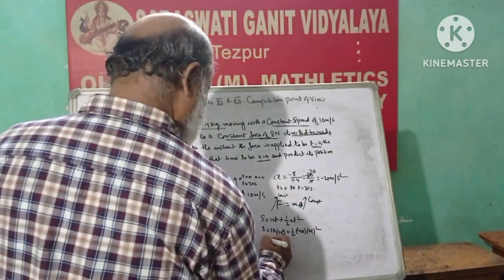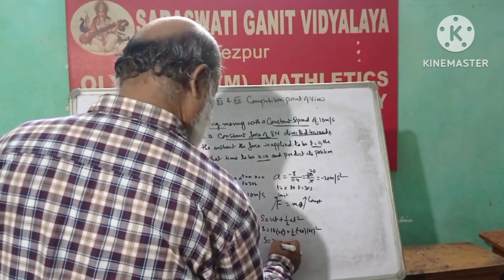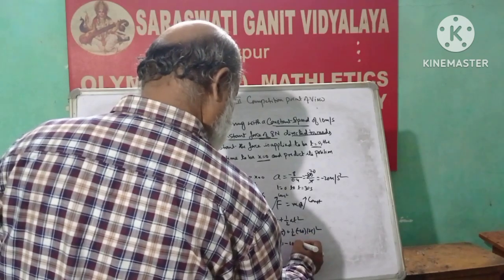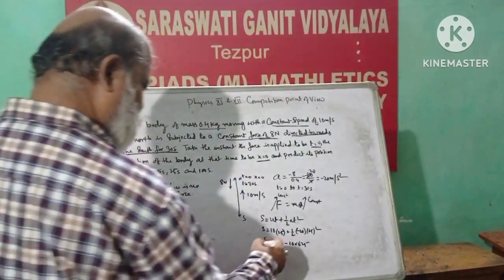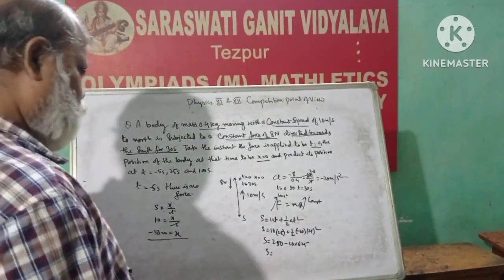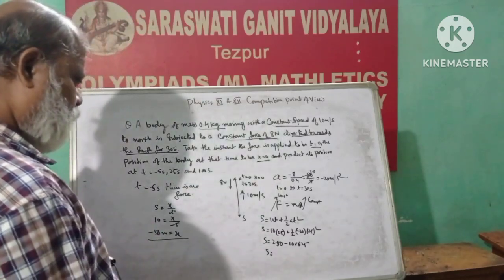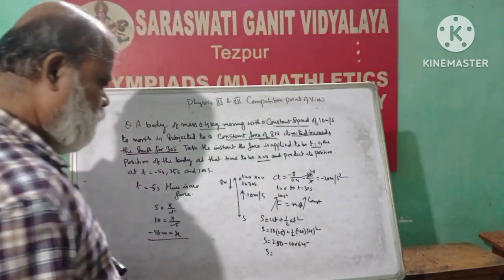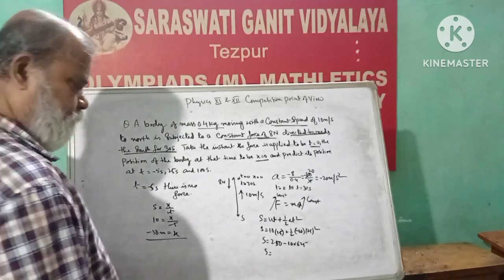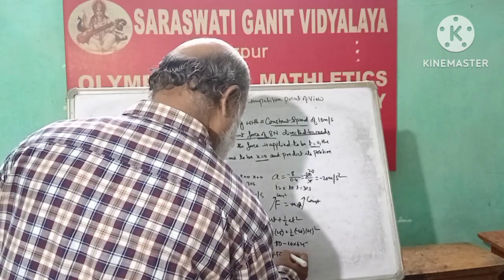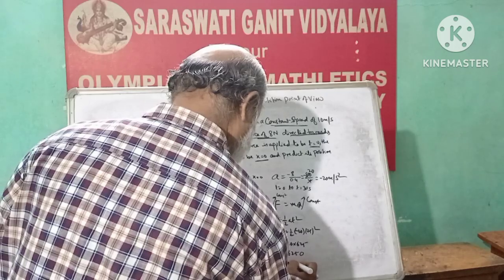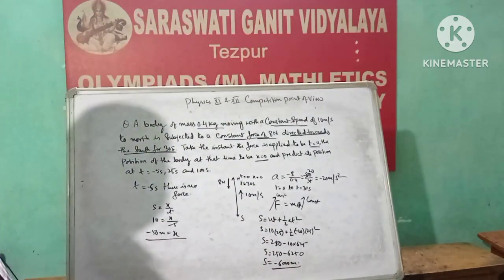So this comes out to be 250, and this is minus 10 into 625, as the acceleration is negative. So this will be 250 minus 6250, so this comes out to minus 6000 meter.